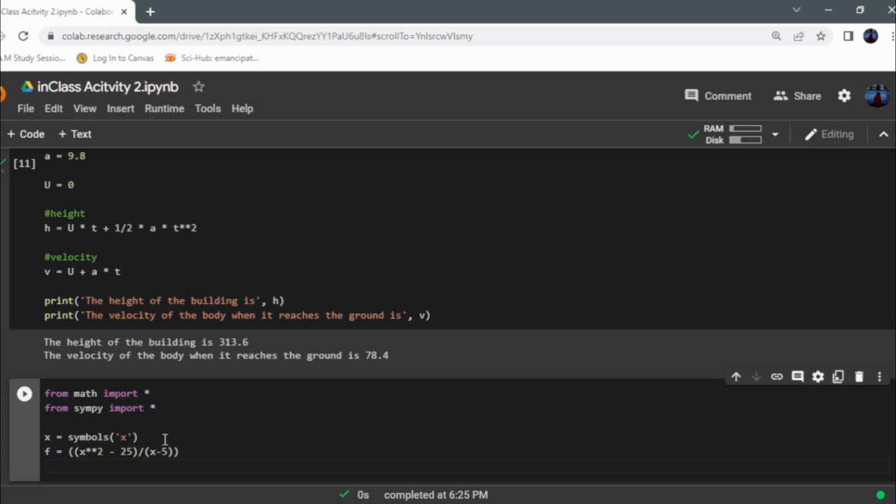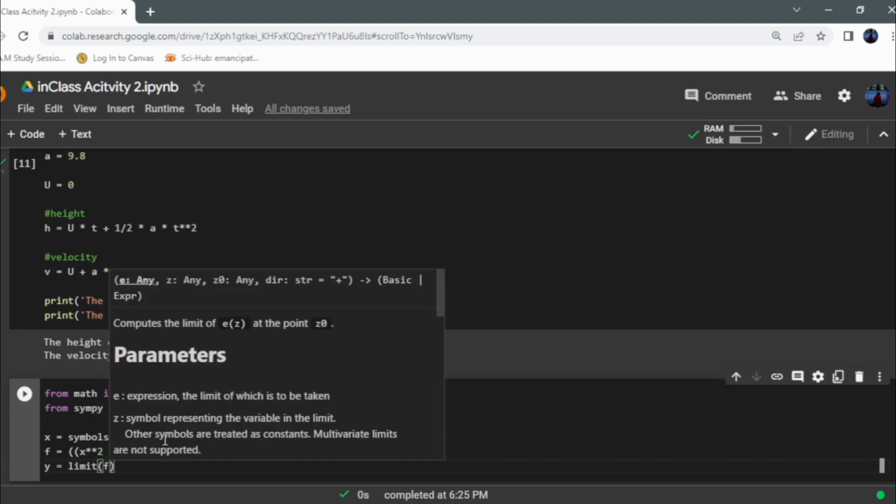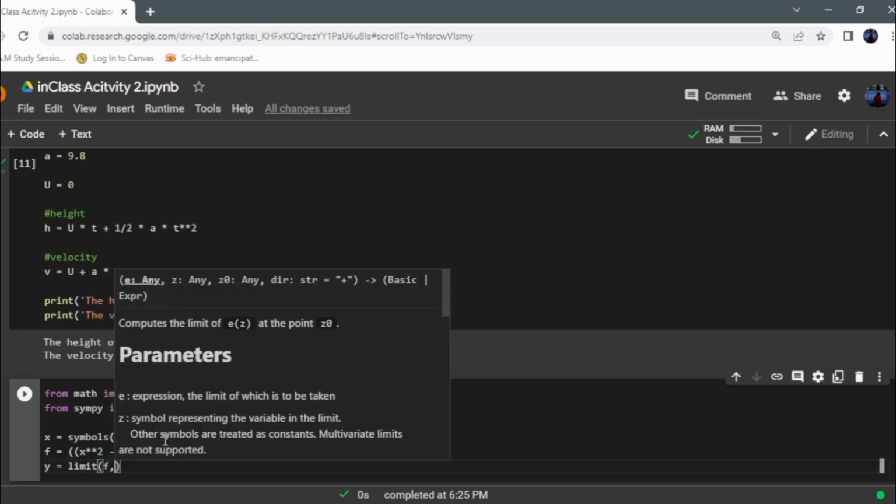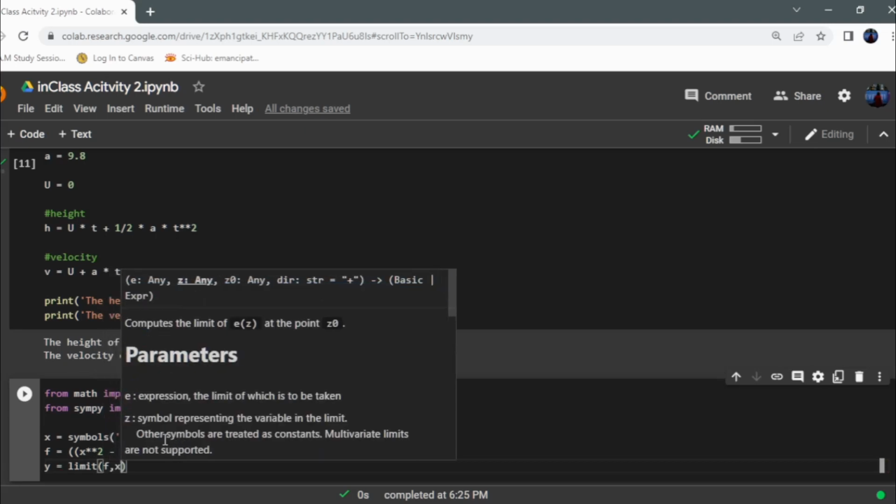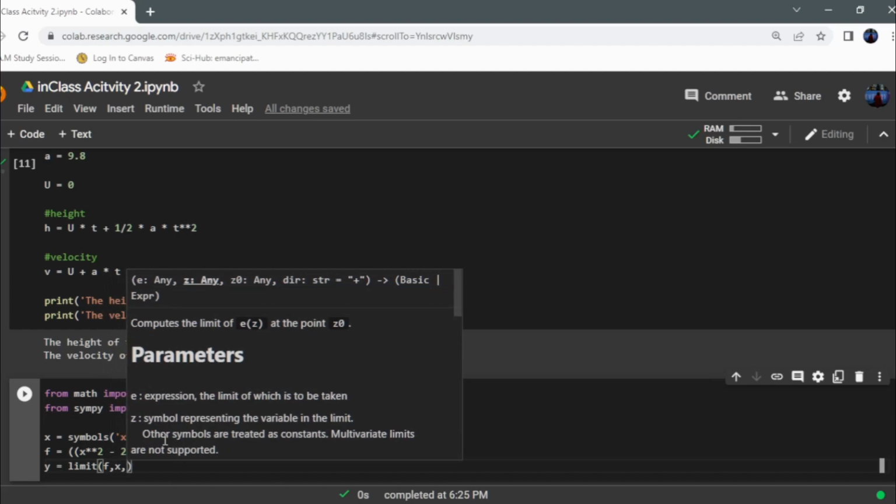And then the next syntax is our y. This is where x approaches what? X approaches infinity or anything. This is our limit: the limit of f, our expression, as x approaches, it's supposed to be 0, but it's 5.